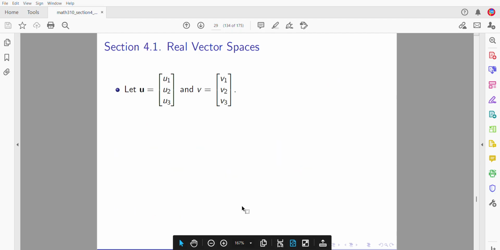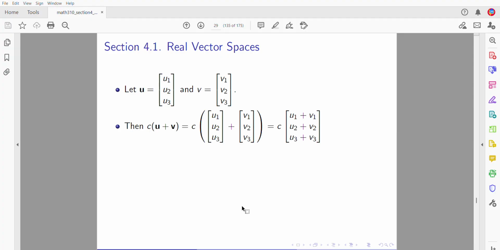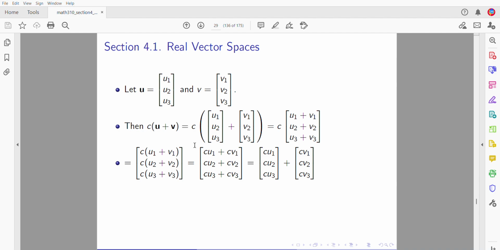It's the same story when you are dealing with 3-space. Multiplying by C the sum U plus V means you add U and V first. You add these two, then multiply by C. C goes component-wise. C distributes over each one of these because these are now real numbers.